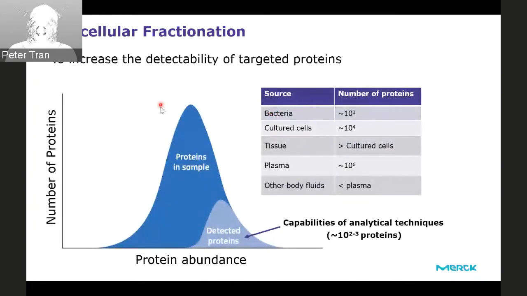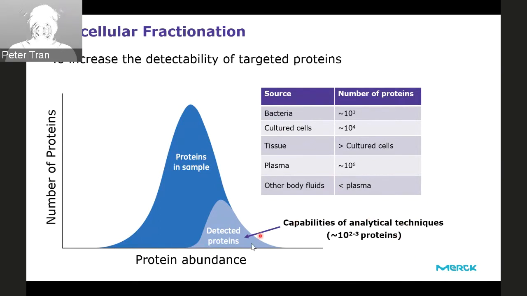Why is that? Because if we look at the number of proteins in the sample, for example, bacteria have about 1,000 proteins. Mammalian culture cells have about 10,000 proteins. Tissue has more than culture cells. In a plasma sample, there are millions of proteins, right? However, with analytical techniques, you can detect up to 1,000 proteins using mass spec, for example, or with 2D gel electrophoresis, you can detect a maximum of 2,000 proteins, right?